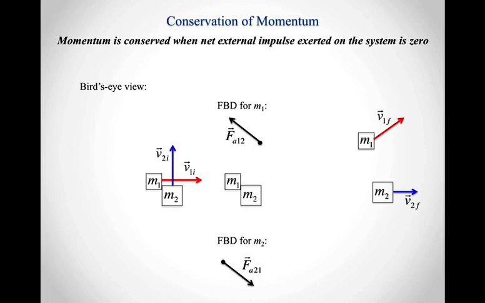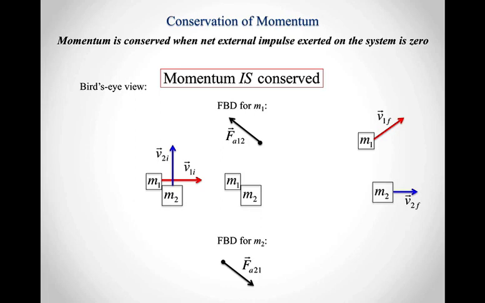The only other forces are the 2 applied forces where the 2 blocks push on each other once they're in contact. And again, those are internal. So those internal forces, Newton's third law tells me, will always cancel out. So here's a situation where, once again, momentum is conserved for my system.